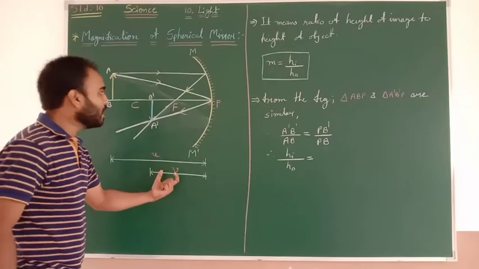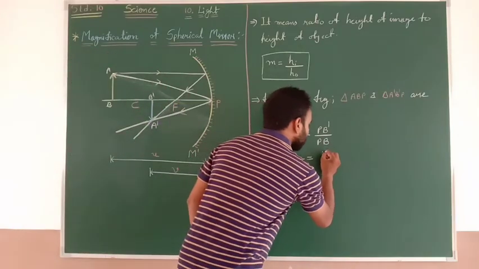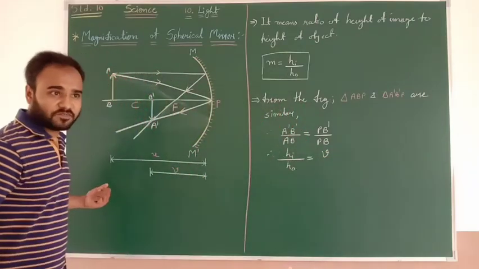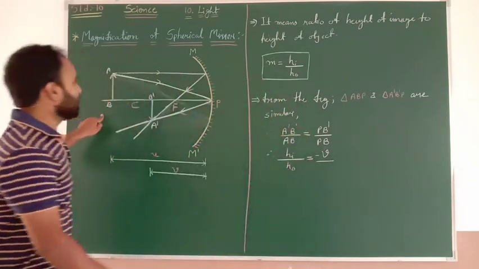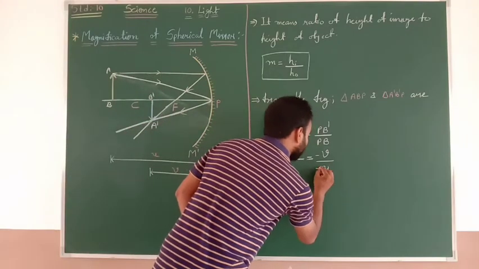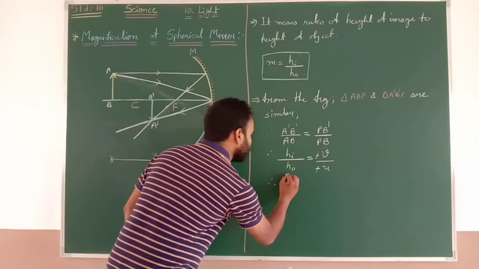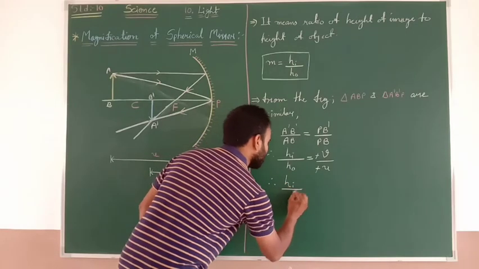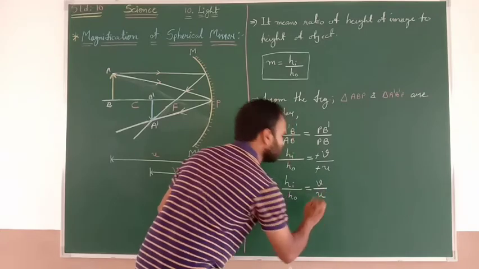So it will be image distance, that is denoted by V. As it is on the left side, it will be negative, and PB, distance of object, that is U, again is on the left side, so it will be negative. So we are getting the formula over here, that is HI upon HO is equal to V by U.